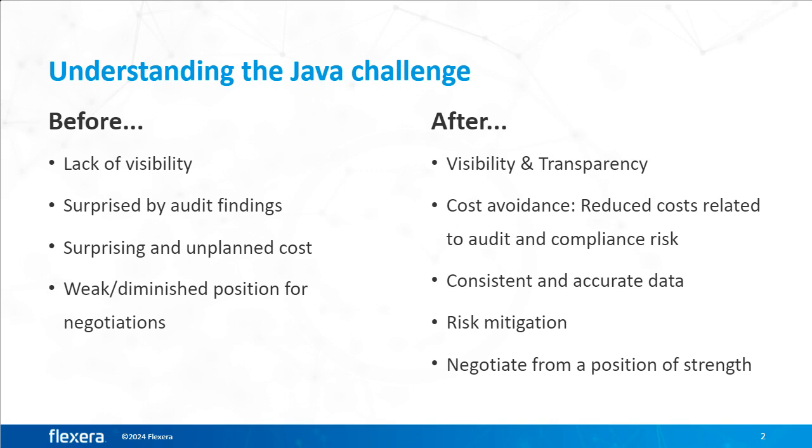I will cover this. Sure, it's cost avoidance in case of the next audit, or the risk. But it's also to see consistent and accurate data, not only from installations, but also from licensing.